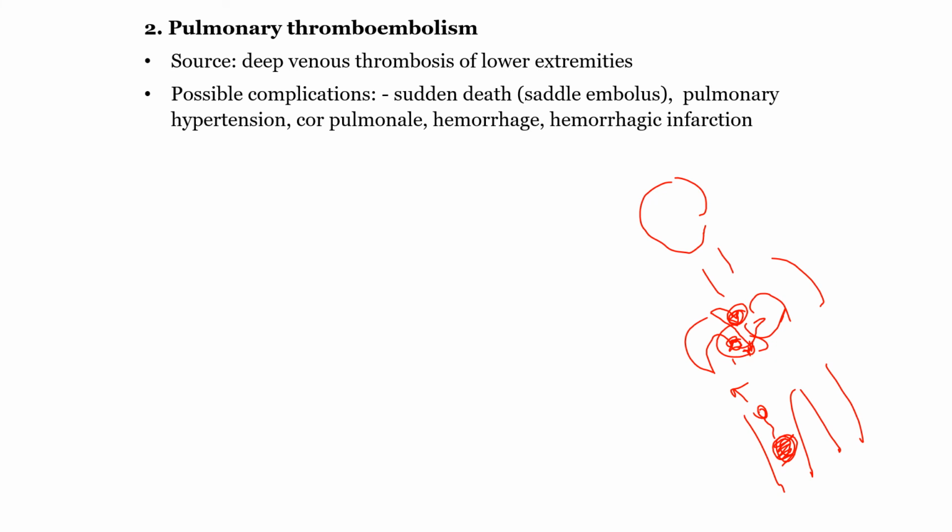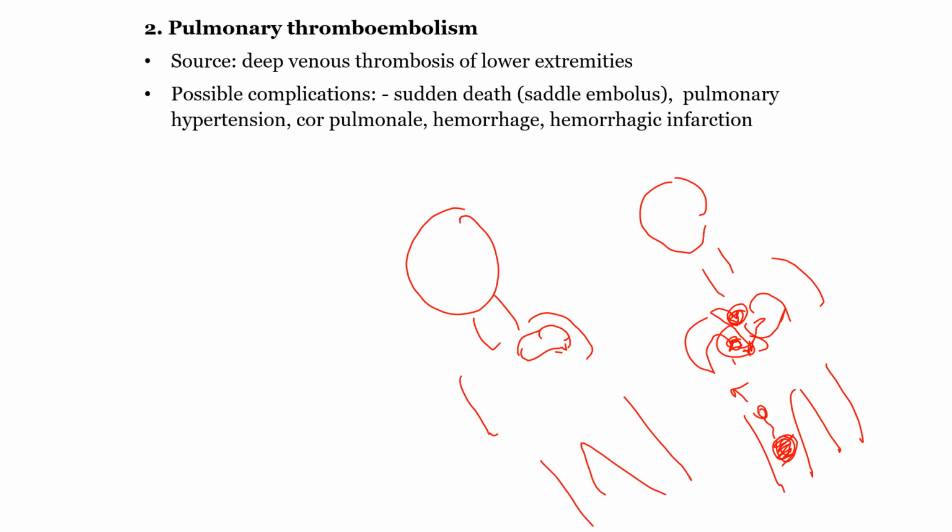So I will make this more clear. I'm sorry for that. Okay, so this is the heart, and these are the lower limbs, and this is the lung. We said if you have a thrombus in the veins of the lower limb, this will lead to swelling in the lower limb. Part of the thrombus, we call it an impulse, will become detached and will go back to the right side of the heart. The right side of the heart will pump blood where? To the lung.